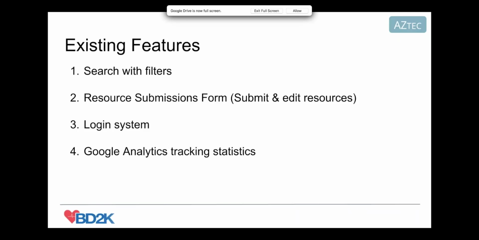While all users have access to the search functionality, only authenticated users can submit and edit resource metadata. And we also have Google Analytics integrated to track user statistics on Aztec. It'll tell us the number of users that access the website as well as which resources have the most visits.